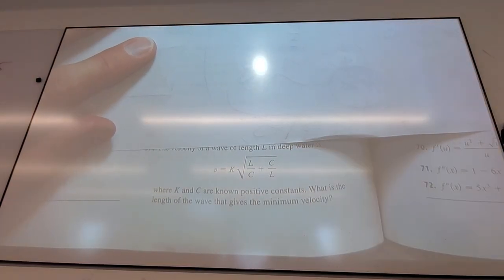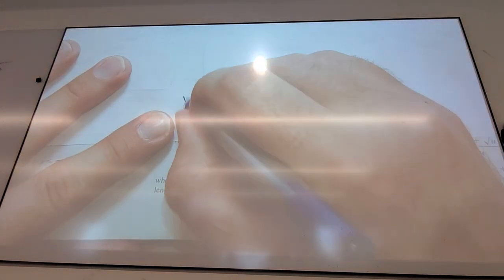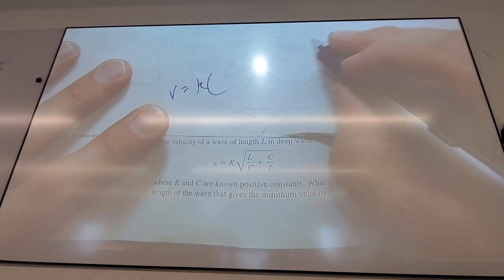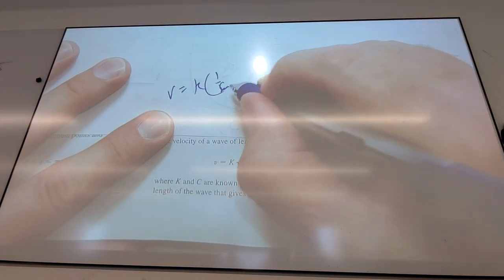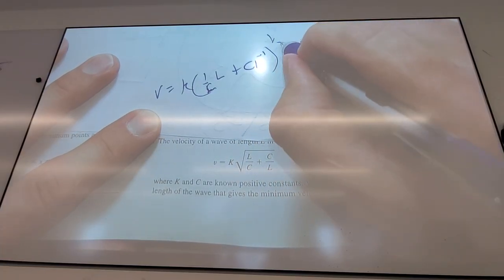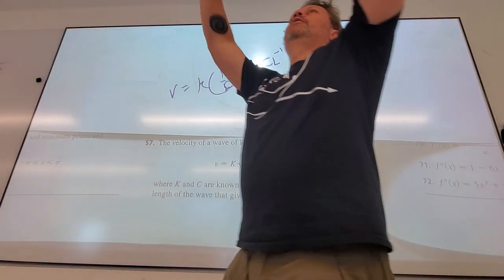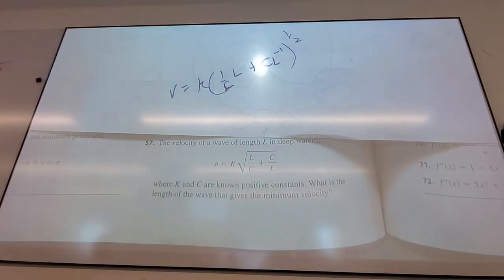I would write it as K times 1 over C times L plus CL to the negative 1, all to the 1/2 power. Now it's in the right form for me to apply the derivative easily. 1 over C is a constant, correct?